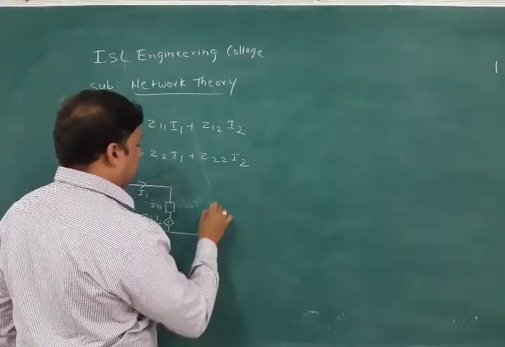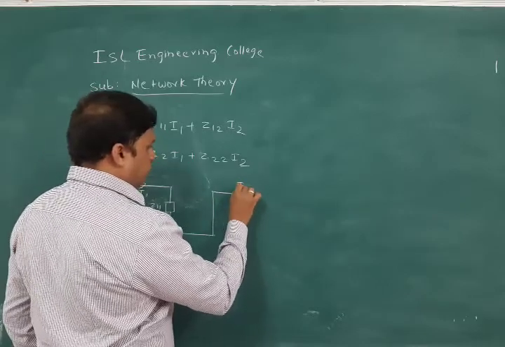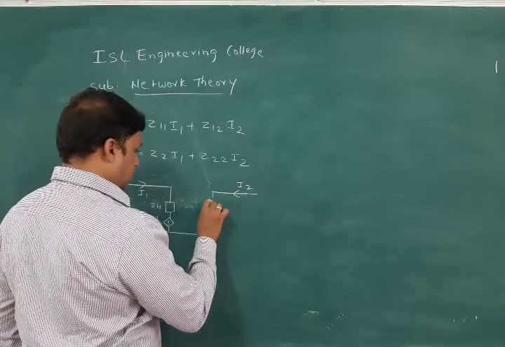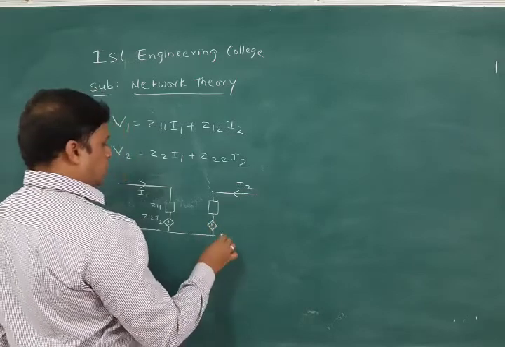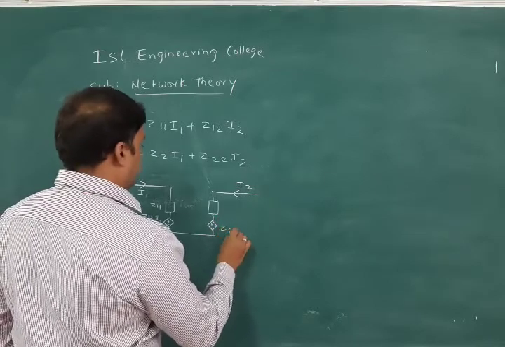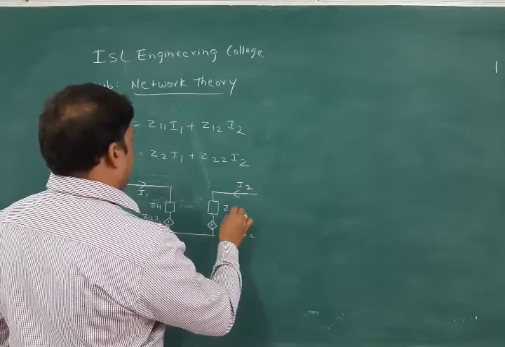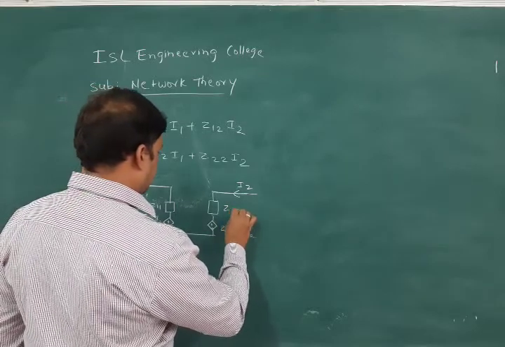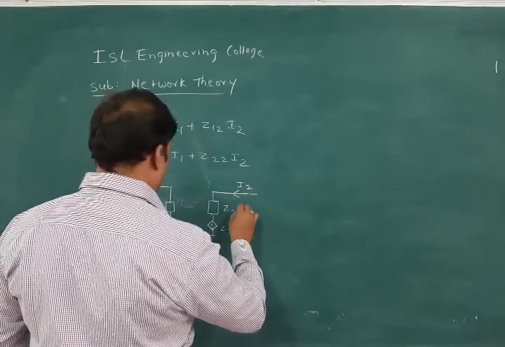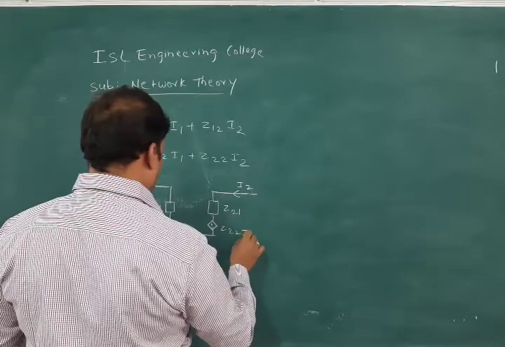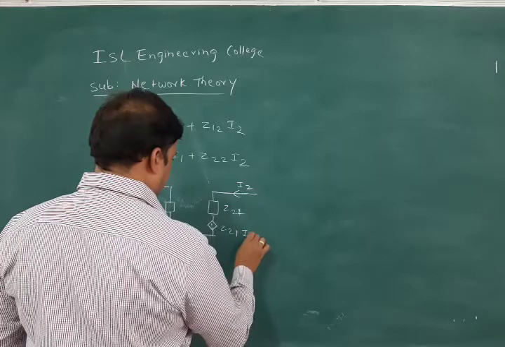If we have this circuit like this and draw the diagram, you will see here the current is I2, and here plus minus and it is Z22 I2 and Z21 I1.